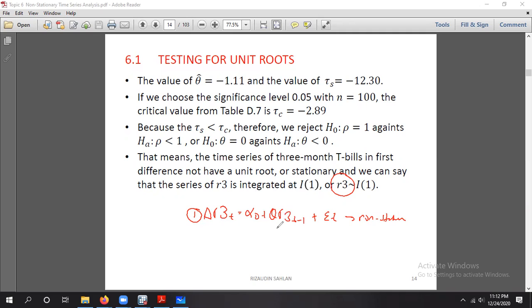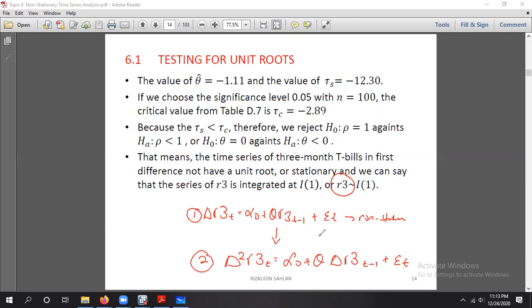When we difference the data R3, the test for the model will become something like this, with the differenced dependent variable, differenced R3 and the explanatory variable, and e(t). When we test this at the first difference, we can see that the unit root test shows the data is stationary.